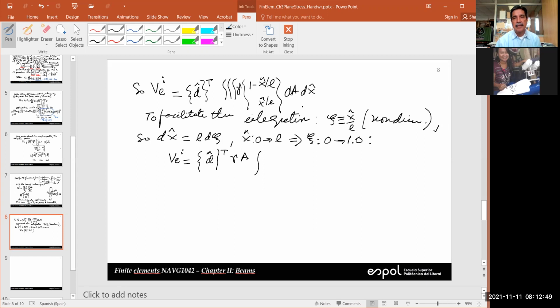We are going to integrate in z, instead of x, from 0 to 1, of 1 minus z, and z, and instead of dx, I have L dz there.